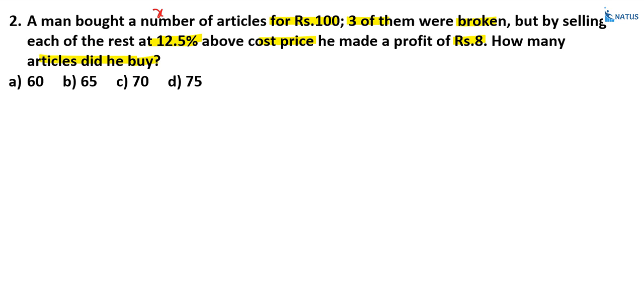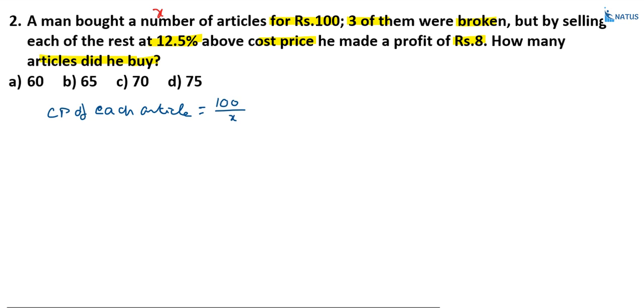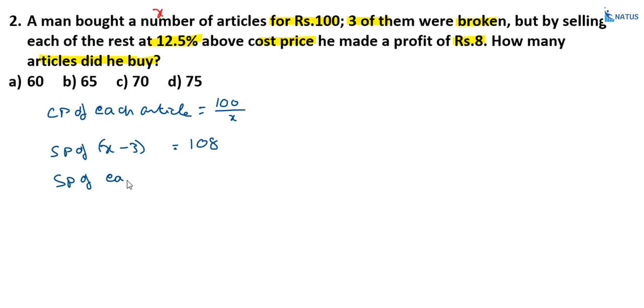Now, the cost price of each article is 100 by X. 3 articles are broken. What are the remaining articles? X minus 3. The selling price of X minus 3 articles is 108. So the selling price of each article is 108 by X minus 3.